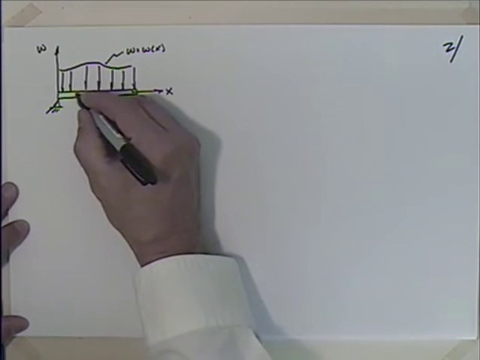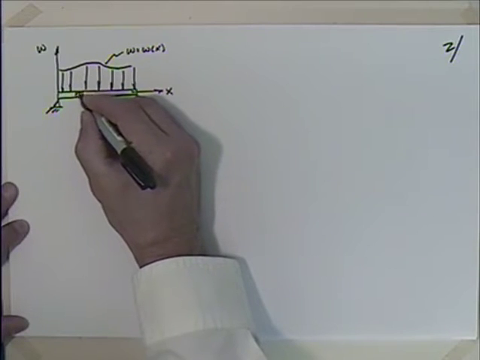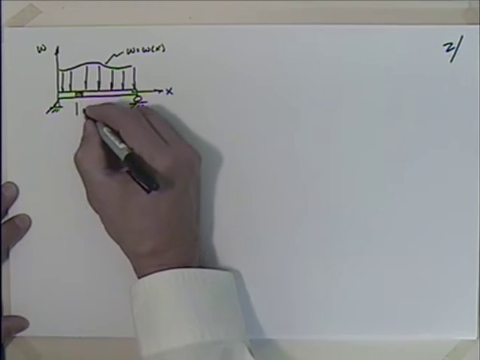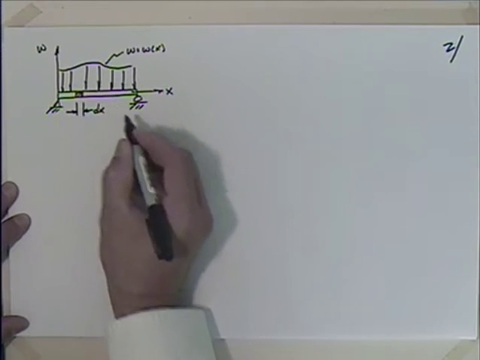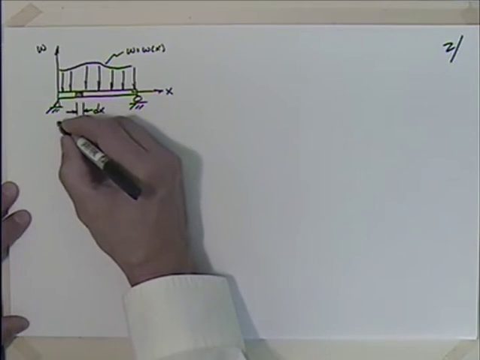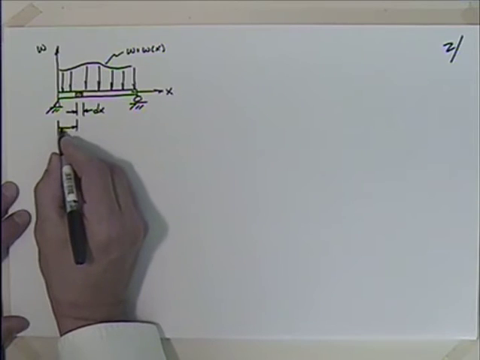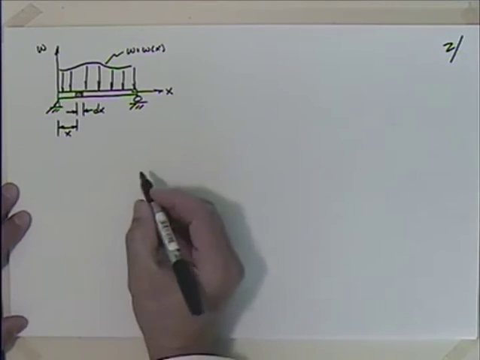And I'm going to cut out a little piece here, and I'm going to say that this is dx, and I'm going to say that this distance here is x.